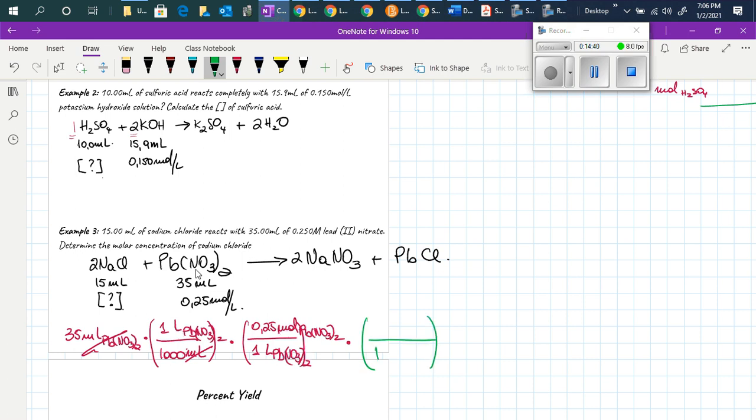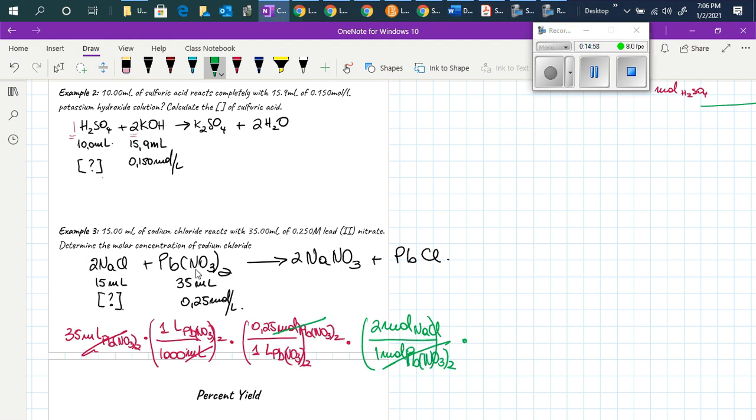So 1 mole of Pb(NO3)2 is 2 moles NaCl. So moles and moles cancel out.